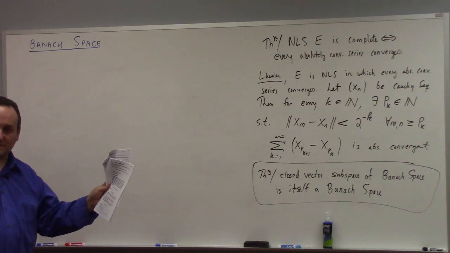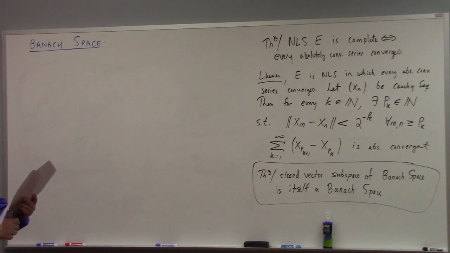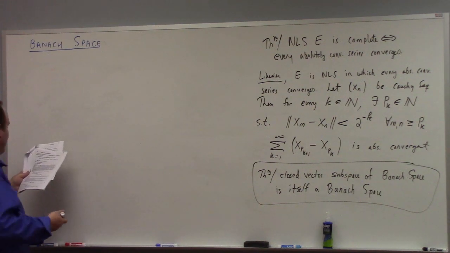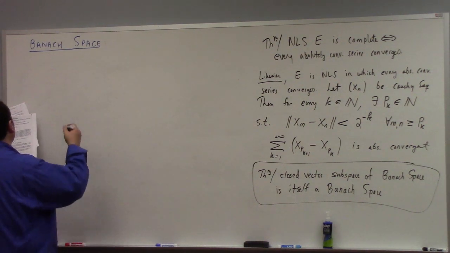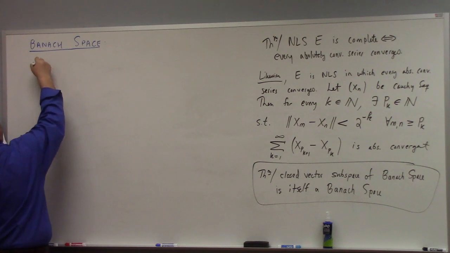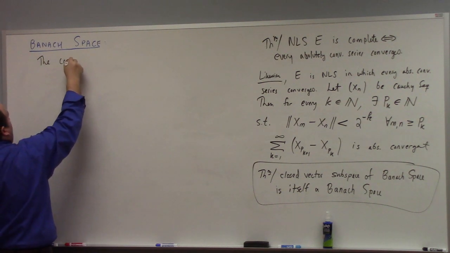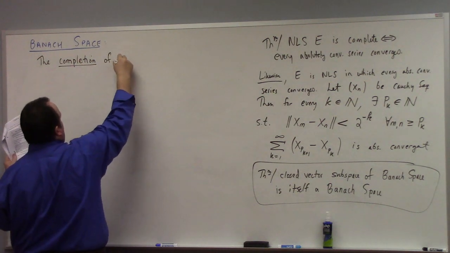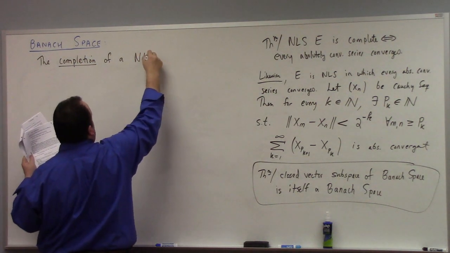This is called the completion of the space. Let me describe how that's done. That's page 24 here. So we're now talking about the completion of a normed linear space.